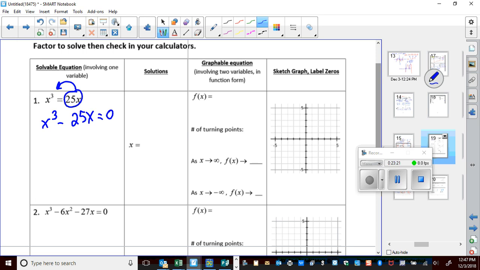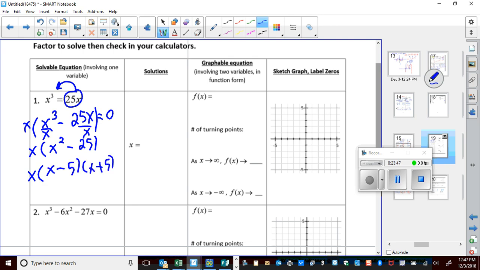Now I'm going to factor. I can divide out an x because it's the greatest common factor. So that means it swings out, and I'm left with x parentheses x squared minus 25. Now, for this part, I'm looking for 2 numbers that multiply to 25, add up to 0 in the middle, and I get x times the quantity of x minus 5 times x plus 5.